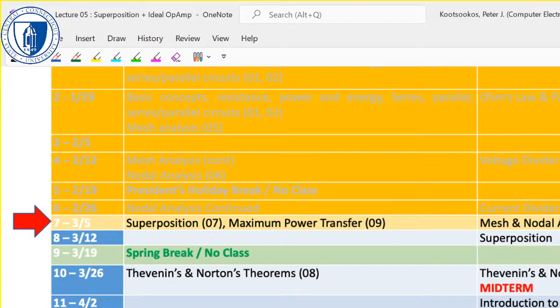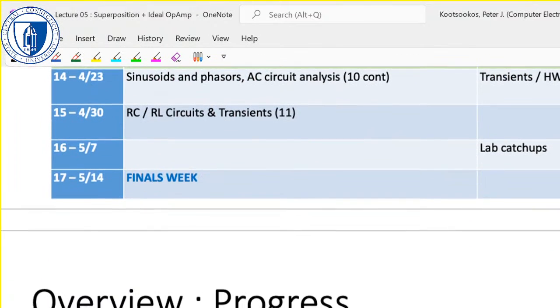Anyway, the nice thing about operational amplifiers is they're real. I just gave you one to have a look at. But the ideal way of looking at them works really well in real life too. And I want to talk about the ideal operational amplifier.